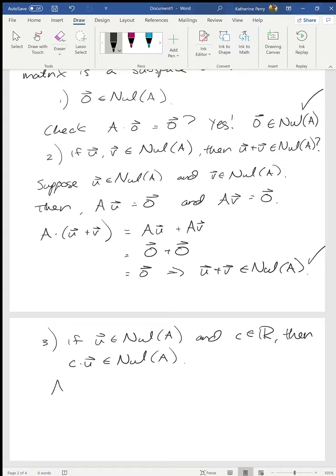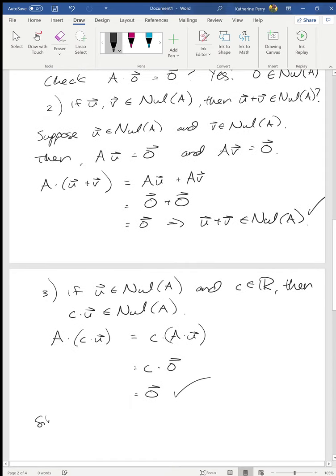So we get that A times c times u, again using the commutativity property of scalars, is equal to c times A times u, which is equal to c times the 0 vector, which is equal to the 0 vector.